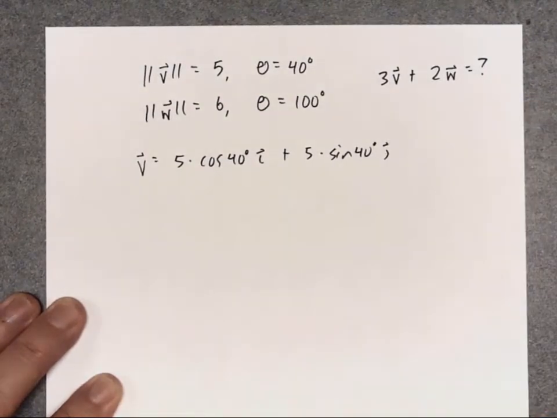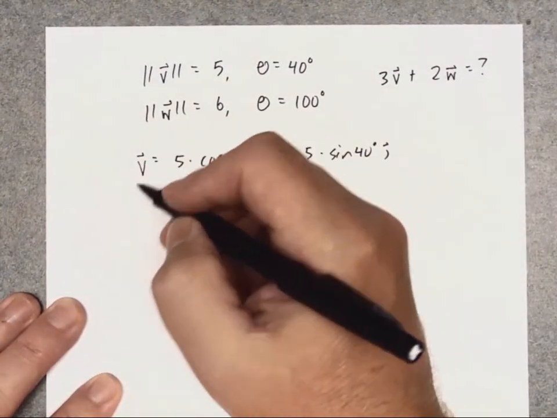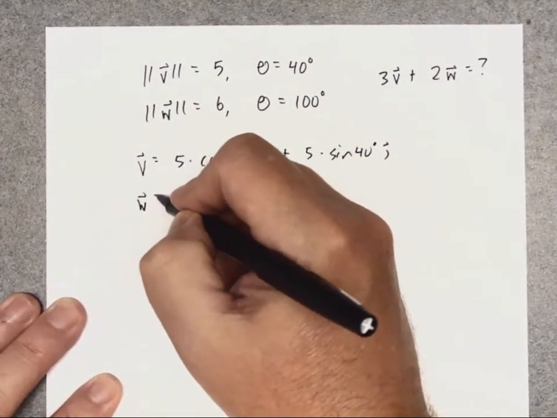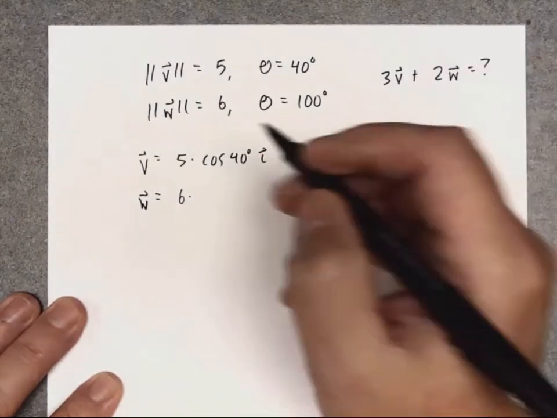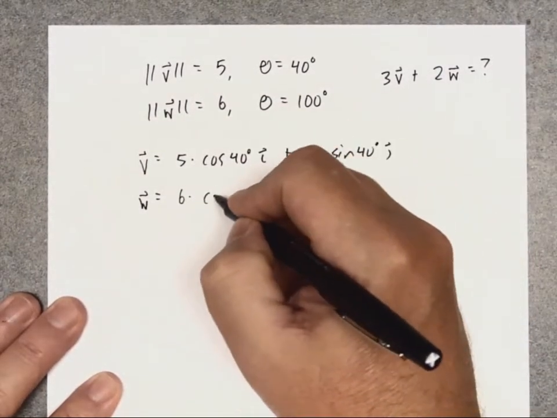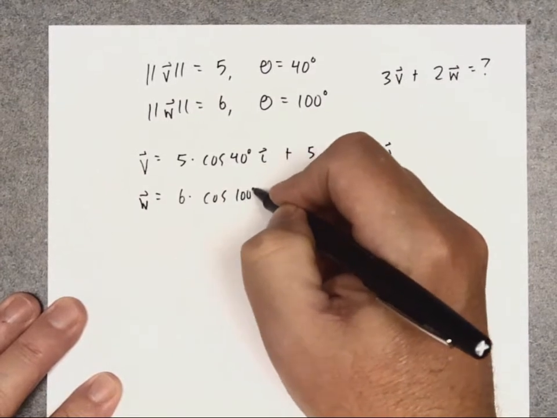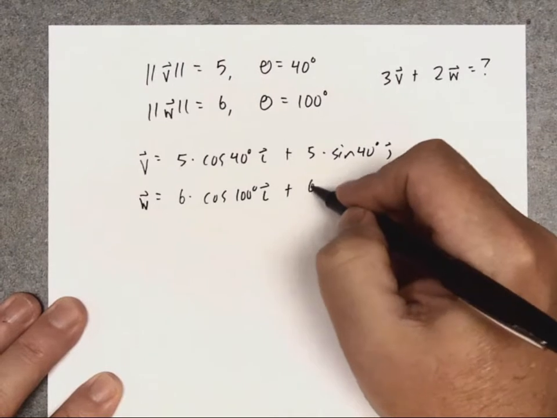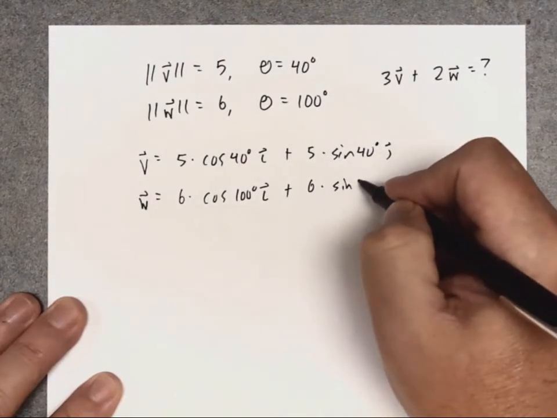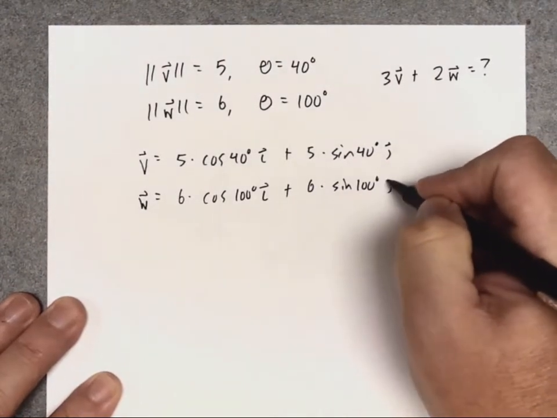That's the j part. In a minute, we'll actually figure out what these numbers are. Do the same thing for the w vector. The magnitude times the cosine of the angle, and then the magnitude times the sine of the angle for the j part.